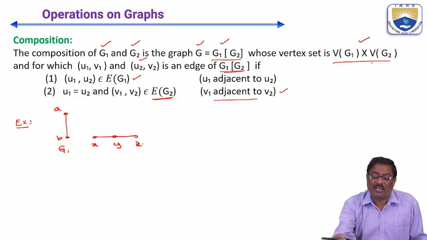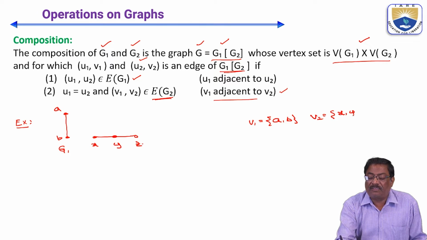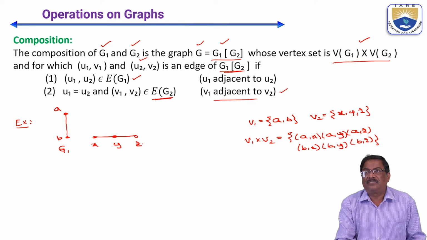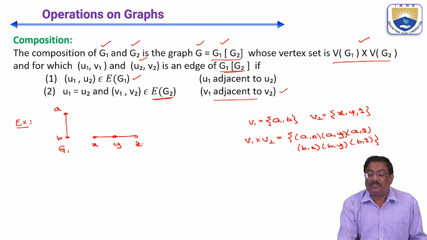Here V1 is A, B, and V2 is X, Y, Z. So V1 cross V2, the Cartesian product, is (A, X), (A, Y), (A, Z), then (B, X), (B, Y), (B, Z). These are the vertices of G1 of G2.